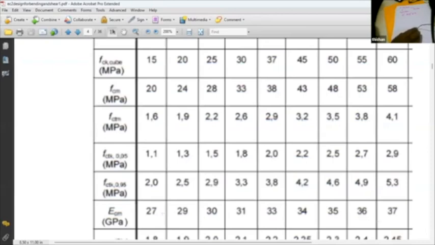You can see the lowest quality concrete has only about 25, 26, 27, whereas high strength concrete has something like 37, whereas extremely strong concrete like 105 megapascal would have about 42. That means nearly a 50% increase in the stiffness of the structure, purely because of the rise in elastic modulus.